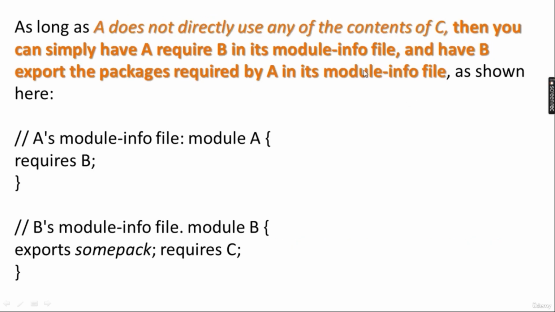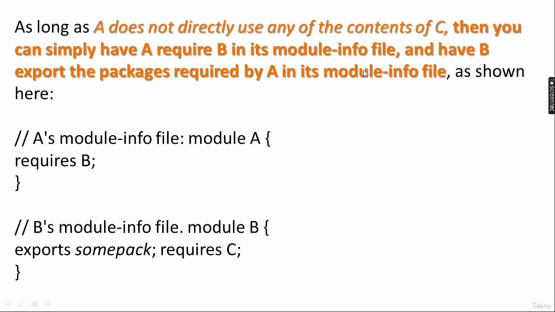As long as A does not directly use any of the contents of C, you can simply have A require B in module-info file, and B exports the packages required by A in its module-info file, like this.